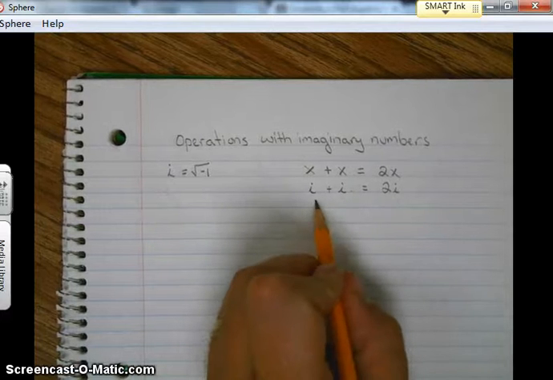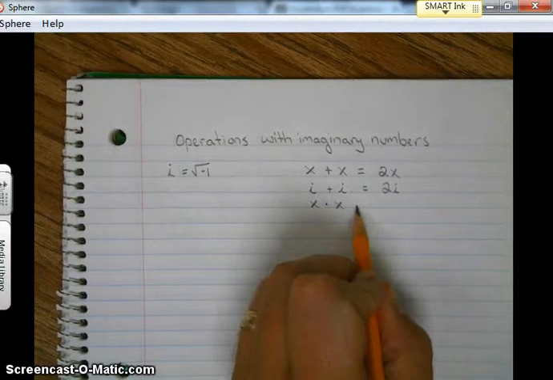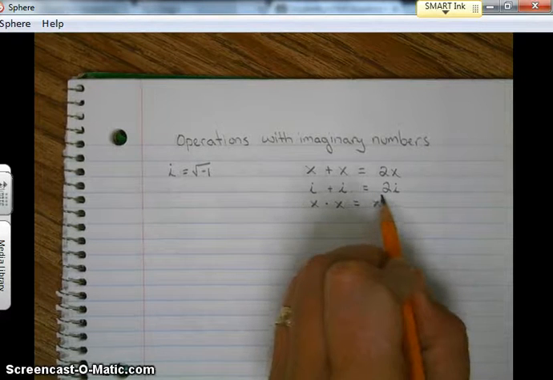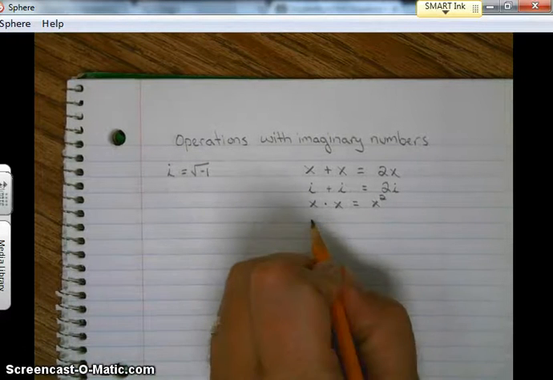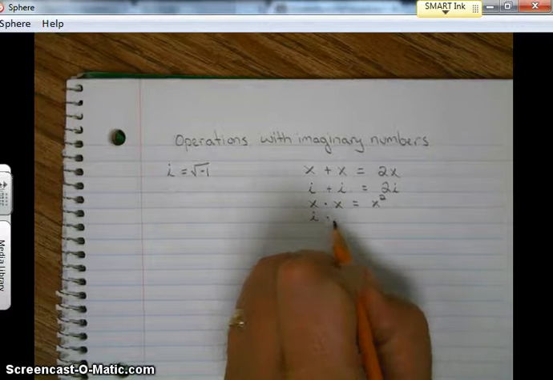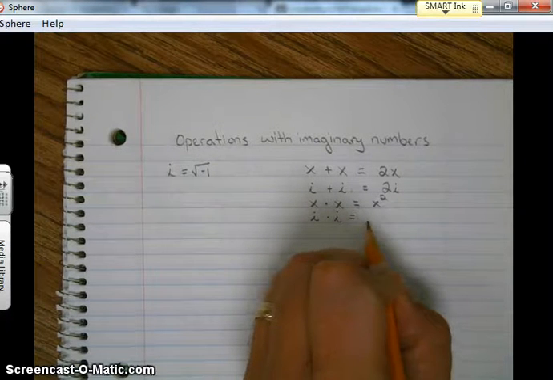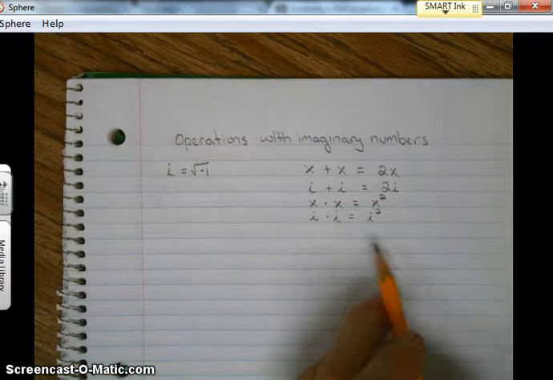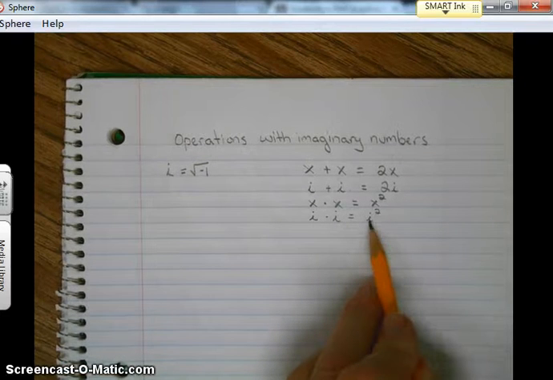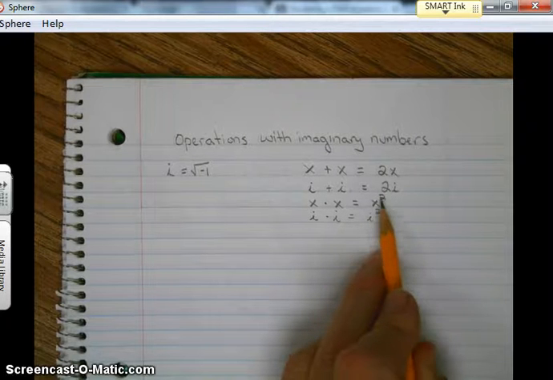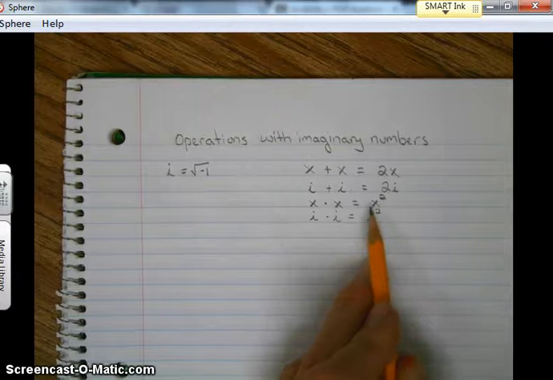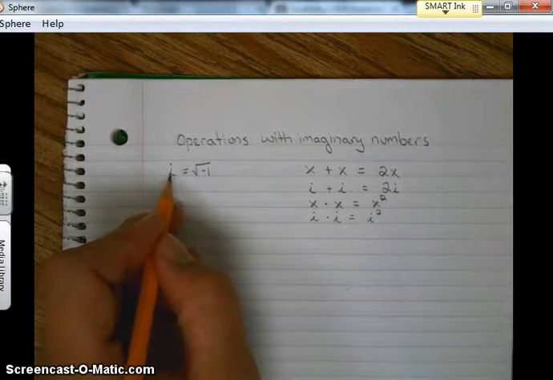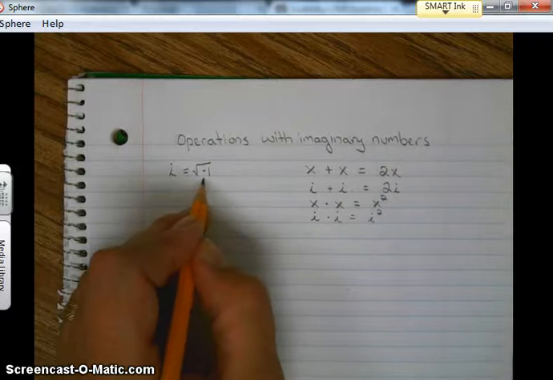When you multiply x times x, you end up with x squared. So if we have an i times an i, we end up with i squared. The difference here is that i squared is actually a value, whereas with x squared, we don't know what x is, so it represents some unknown value. We know from our definition that i is equal to the square root of -1.